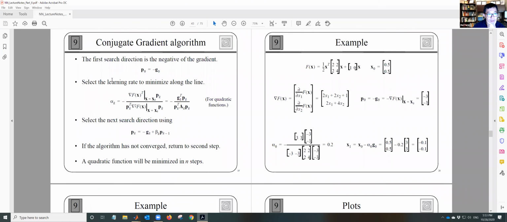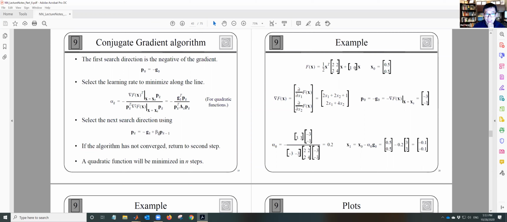So if you follow this algorithm, in the initial location, you go along the negative gradient, and then you minimize along a line, and then you find the next search direction, still negative gradient, but you use beta k to adjust a little bit based on the previous search direction.